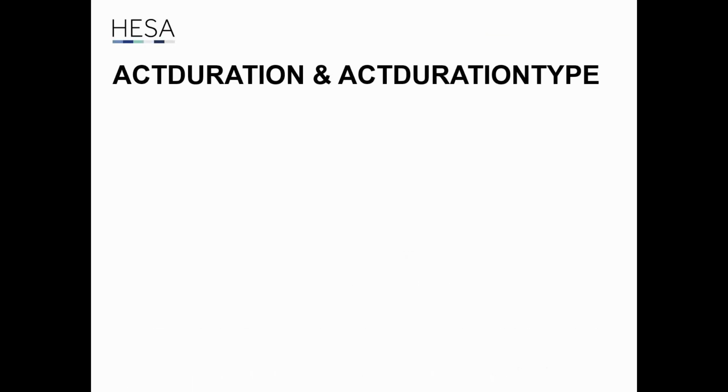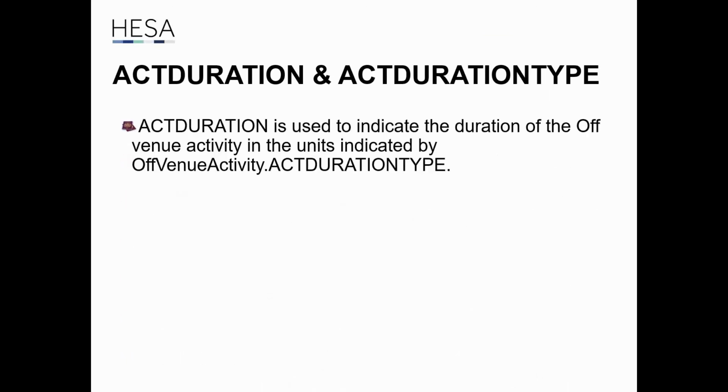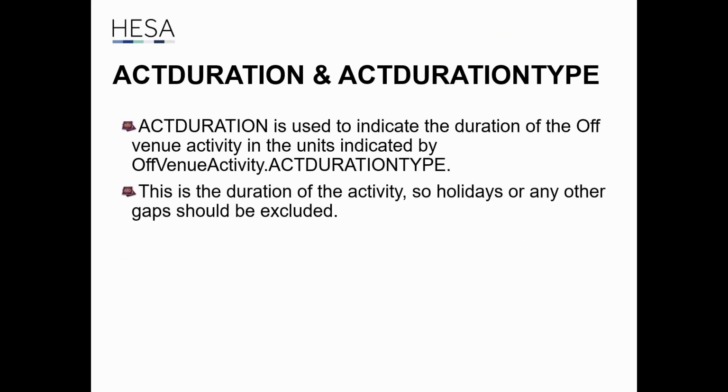So, act duration and act duration type. Act duration is used to indicate the duration of the off-venue activity in the units indicated by off-venue activity act duration type. The duration of the activity should exclude any holidays or any other gaps. So for example, if a student does a work placement for 5 working days, then the activity would exclude the weekends.